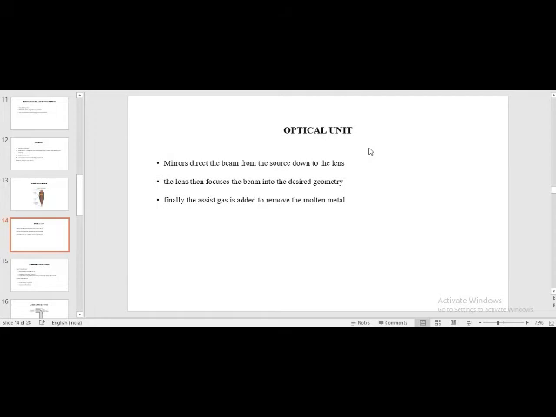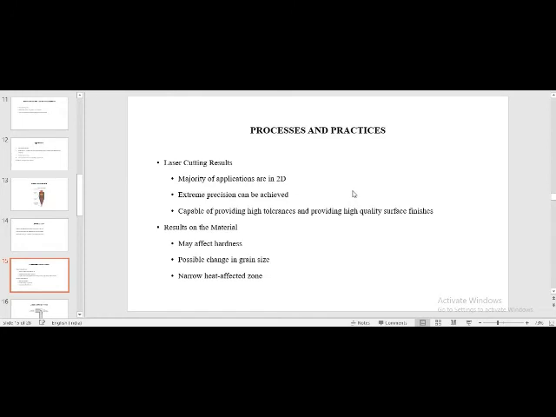The lens is used to focus the beam into a desired geometry, direction, or point. Finally, the assist gas is there to remove molten material. When we are cutting a material, there is also waste coming from the metal sheet or any material, so the assist gas is used to remove this waste.